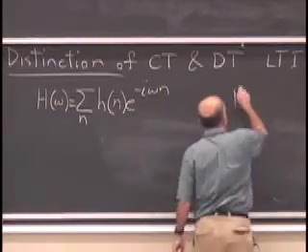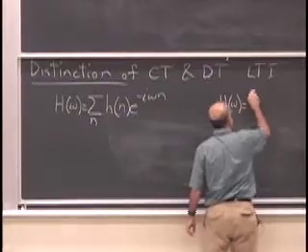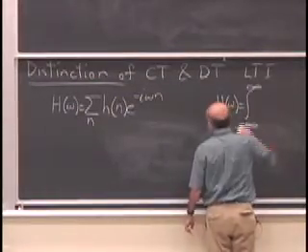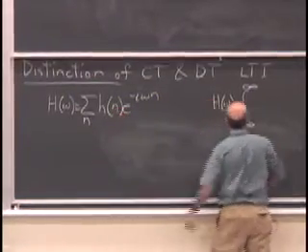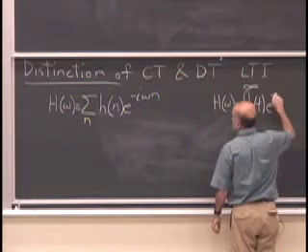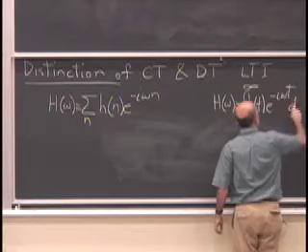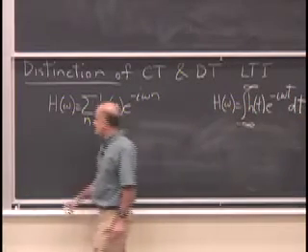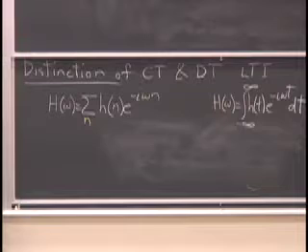In continuous time, you have H of omega. Notice I'm making a deliberate point by putting in different dummy variables just to prevent you from getting fixated on one variable.